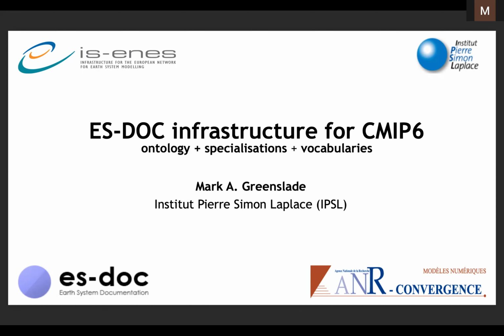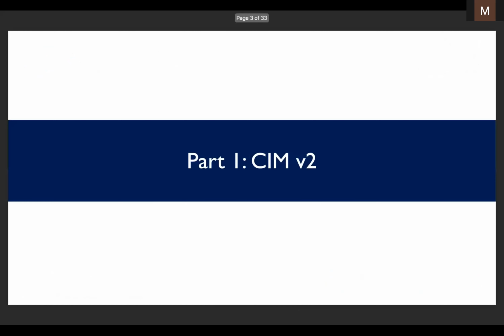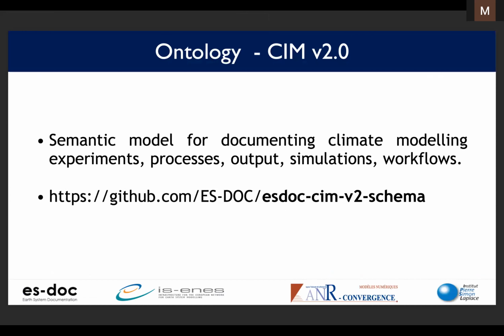That's the idea. So I'm just going to talk about some aspects of the open standards, and in particular the ontology underlying the ESDOC infrastructure, what we call specializations, which I'll come to a little bit later, and controlled vocabularies. In relation to the ontology, ESDOC has an ontology called the CIM, which stands for Common Information Model.